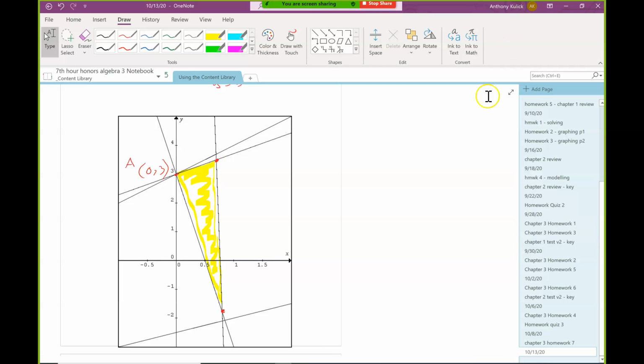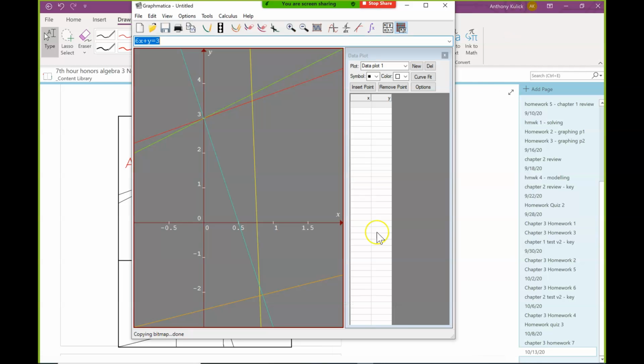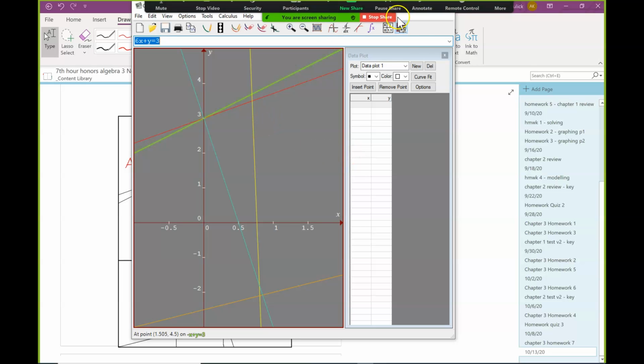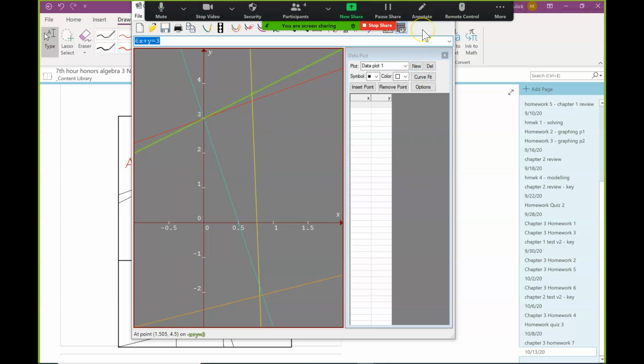So let me go back to my equations and figure out what each one of them were.